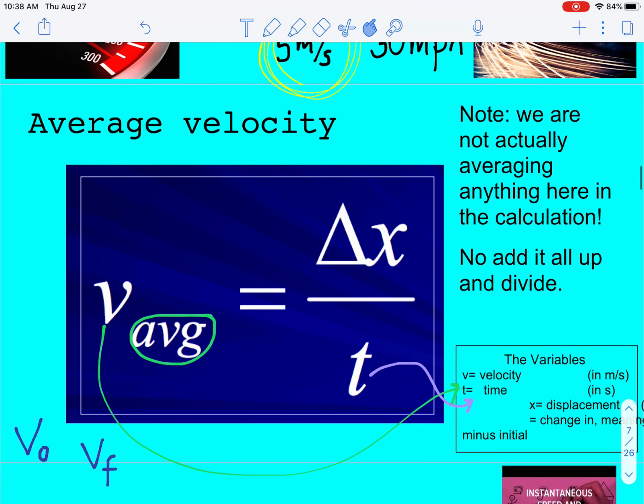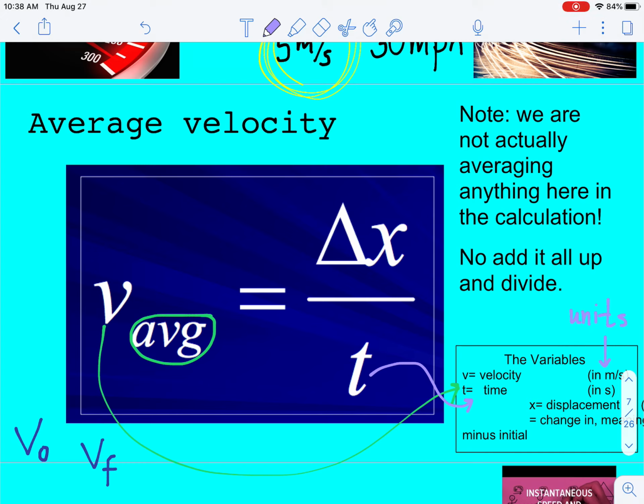If you look over here, these things that are in parentheses are what we call units in physics. A unit is just saying what the thing is measured in. So meters per second is a unit. Seconds is a unit. Meters is a unit. Now X, what's that X thing happening?